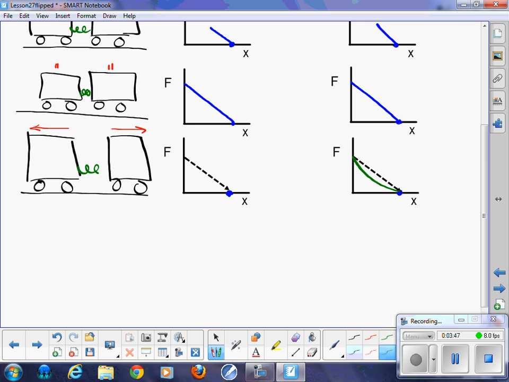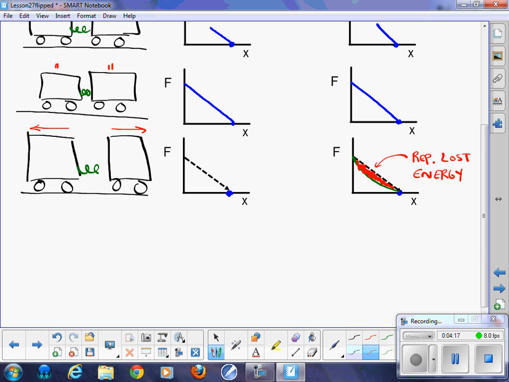And the area difference, this area in here, represents lost energy. That could be the sound of the collision, or the transfer to heat energy from the spring being compressed. So that region under the curve, between where it theoretically should have gone and what it actually does, is that energy loss.